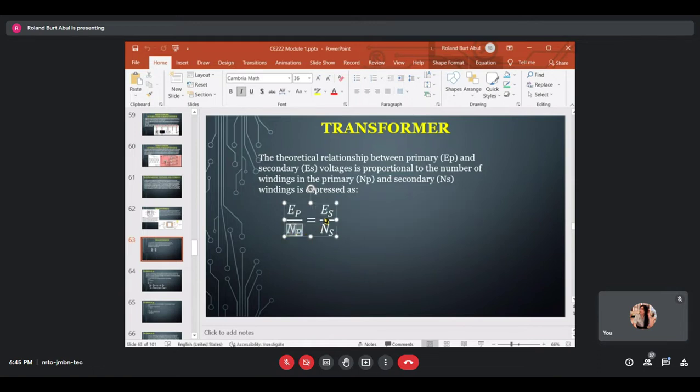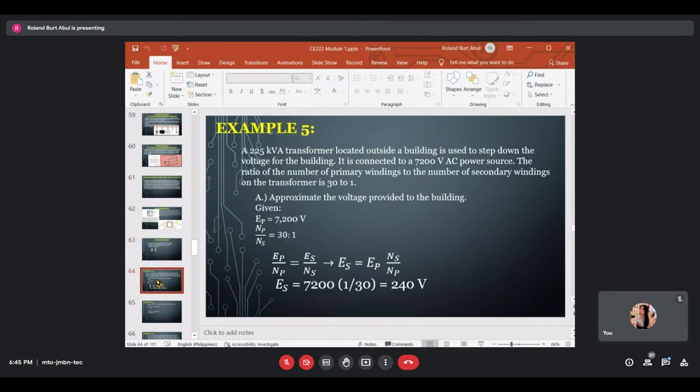So the equation for the transformer is primary voltage, kaning EP, over number of turns sa primary side, NP, is equal to voltage sa secondary side over number of turns sa windings in secondary side. So proceed tag example para masabtan nato siya.